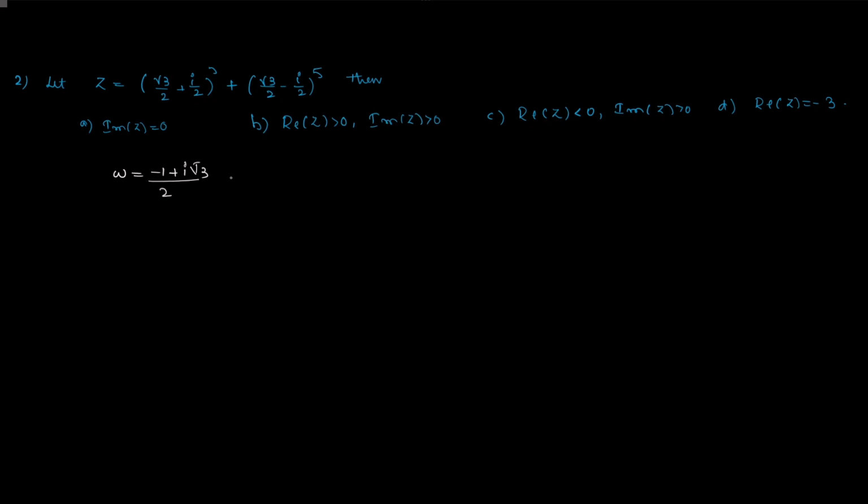Now, if I multiply this omega with i, i omega is what? i omega is minus i plus i into i square minus 1, that is minus root 3 by 2 if you multiply with i, which is nothing but if I write minus common, if you take root 3 plus i by 2.